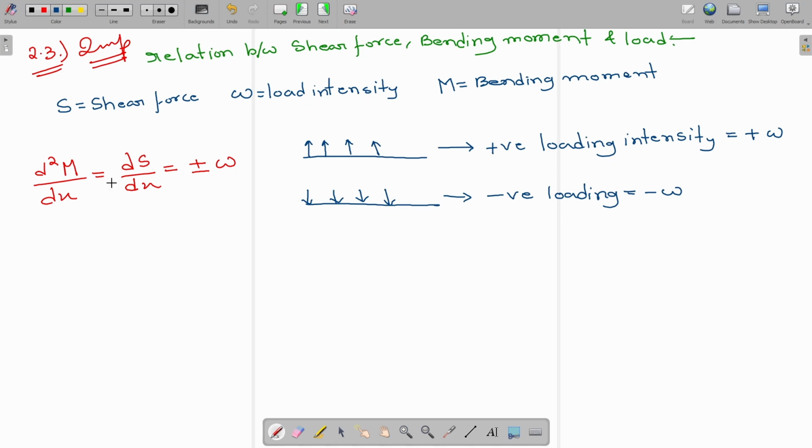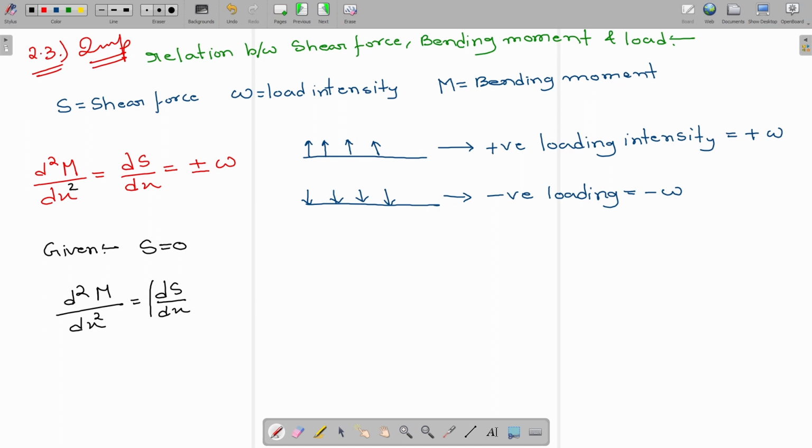Now, what is given in the question is that the shear force S is equal to 0. Therefore, we can write from this equation that d square M by dx square is equal to dS by dx.